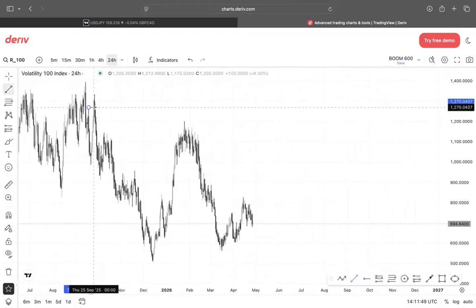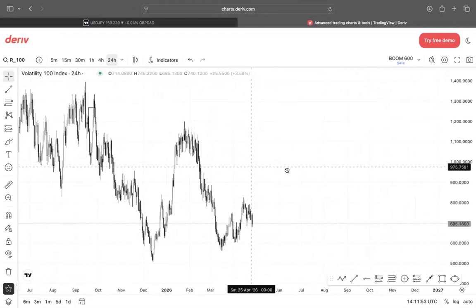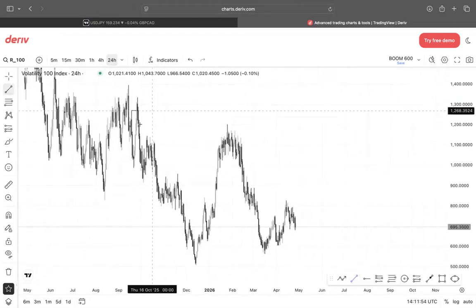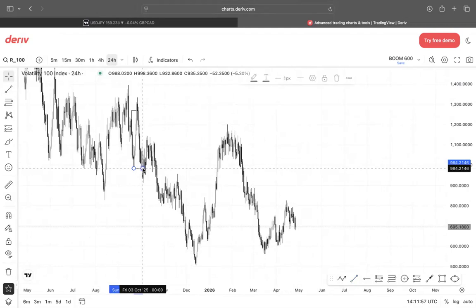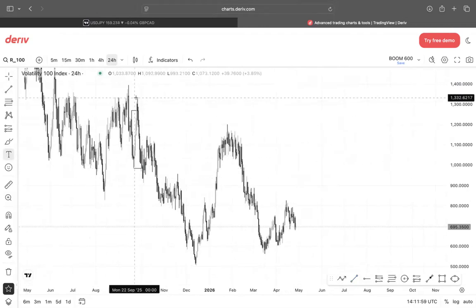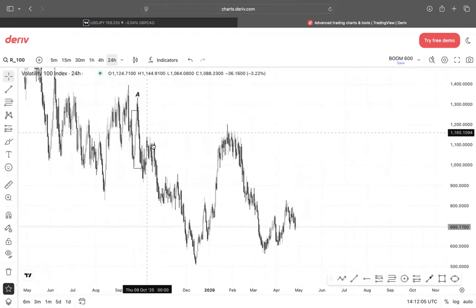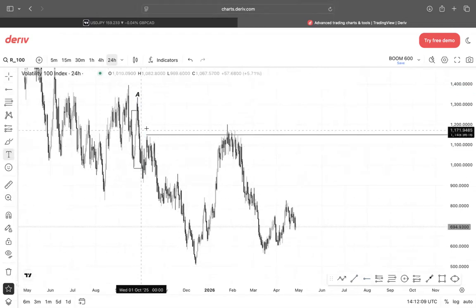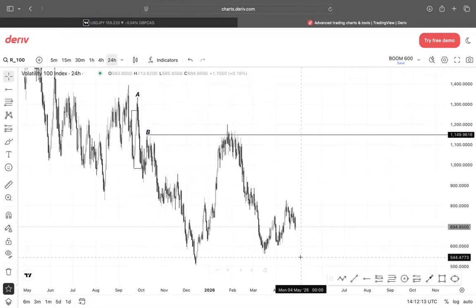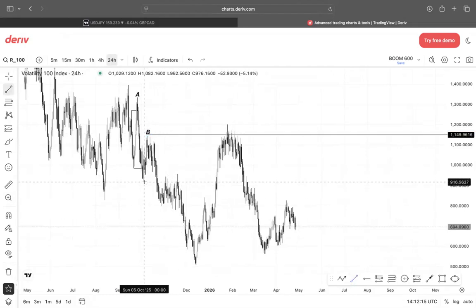First, we have a sweep, all right? And then price broke structure to the downside. So this is our point A. And then price gave us structural liquidity, which is our point B. And then price broke structure to the downside.